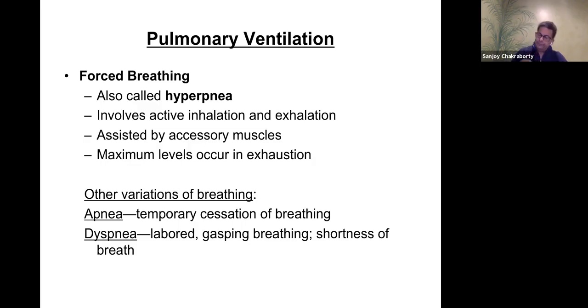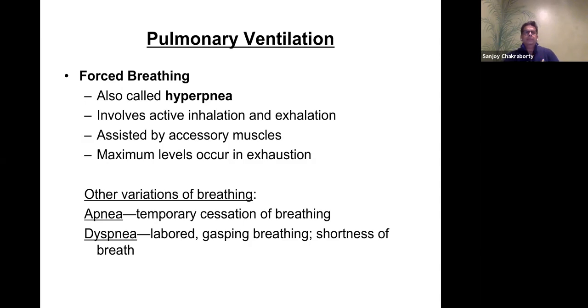Now, what does that exactly mean? That means inhalation is active. We know that, let's say, the diaphragm, we actively contract. But if you exercise, for example, if you're running on a treadmill for 20 minutes, then your breathing rate increases and your breathing pattern changes from passive to active, because now you're forcefully breathing out.